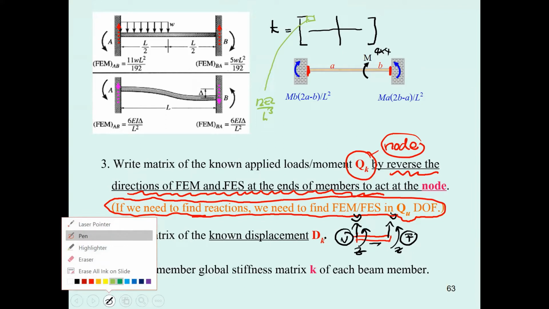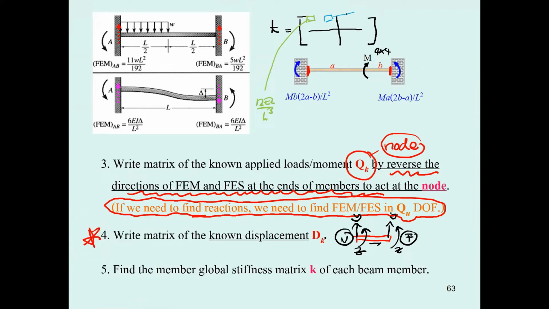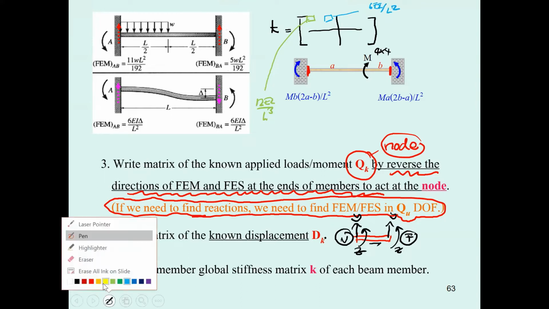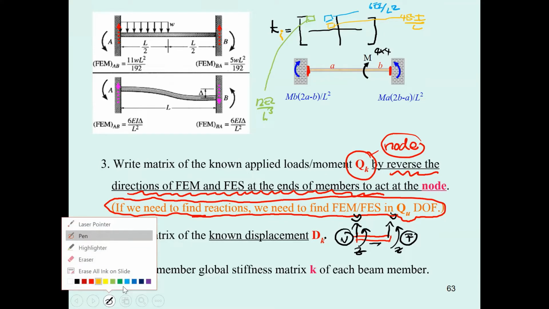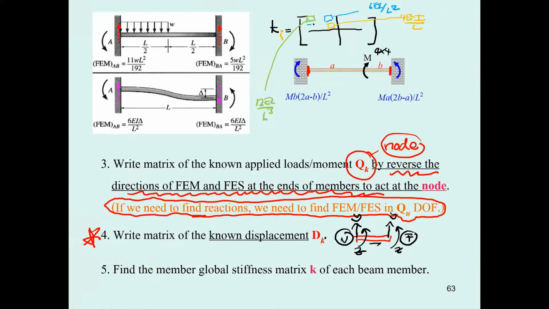And this portion is going to be 6 EI divided by L squared, and this one is going to be 4 EI over L. Okay, these are going to be the coefficients of the K sub i. You must find these 3 coefficients. And why did I say that? Because if you follow this one, the first portion of this one will be arranged like this.